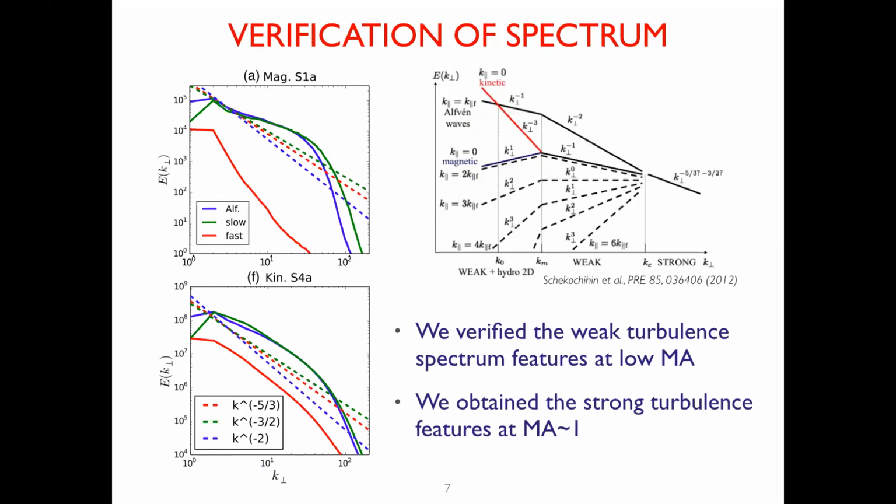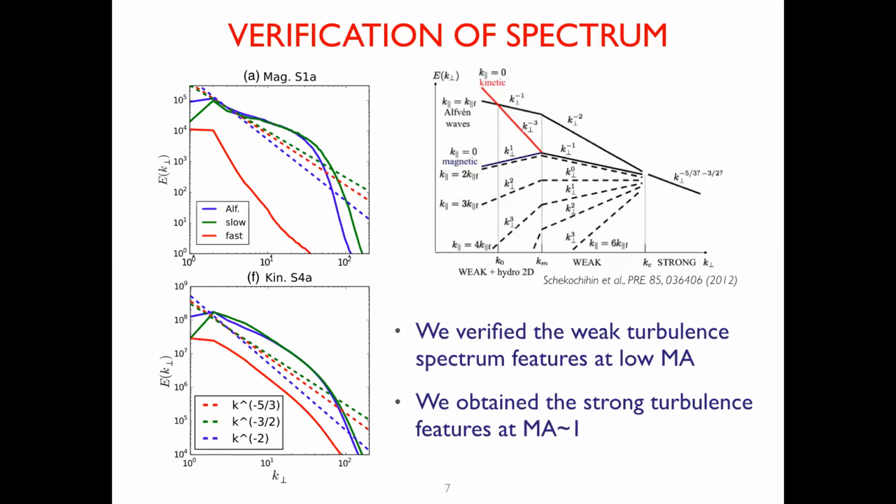We also verified the spectrum. I'll not go much into detail here. The figure on the right is a theoretical prediction for what the spectrum should look like. When you start at small wave numbers on the left, you are in the weak regime. And as you go to larger wave numbers on the right, you go to a strong regime. And we verified this at low MA.